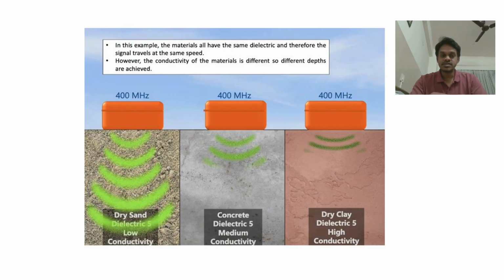The main reason is that clay usually contains more moisture, and it also contains dissolved ions, and moreover, this gives higher electrical conductivity.